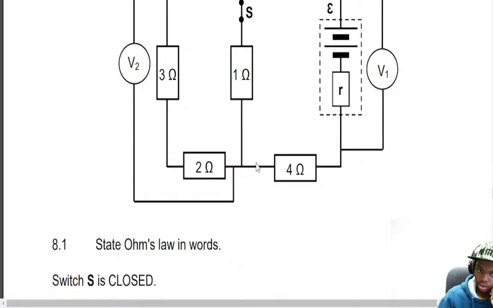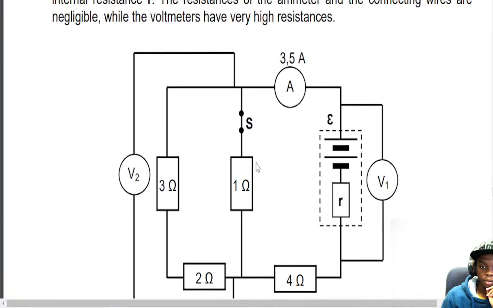So the total external resistance that we got was 4.83 multiplied by our current, which is 3.5.